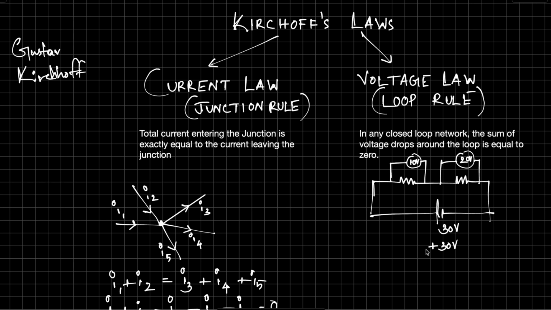How does that work? The battery is providing plus 30. The voltage drop across the first resistor is 10 volts. So it's a drop, so minus 10 volts. The voltage drop across the second one should be 20 volts, so minus 20. That means if you add these numbers, plus 30, plus minus 10, plus minus 20, you should get 0. In a closed loop network, the sum of the voltage drops around the loop is equal to 0.